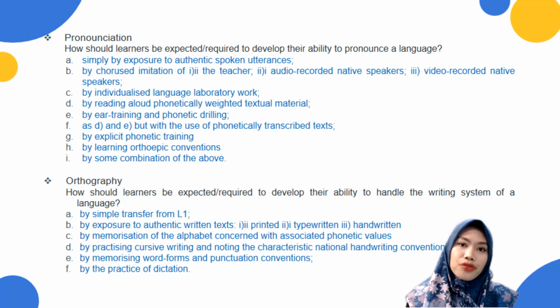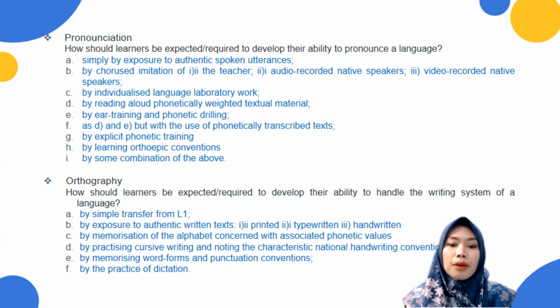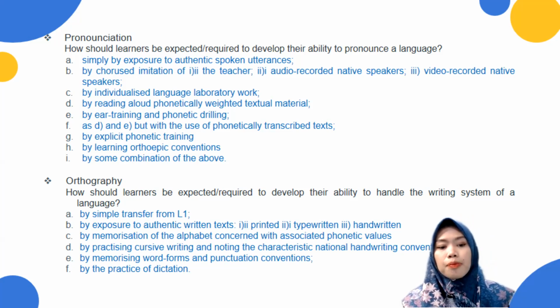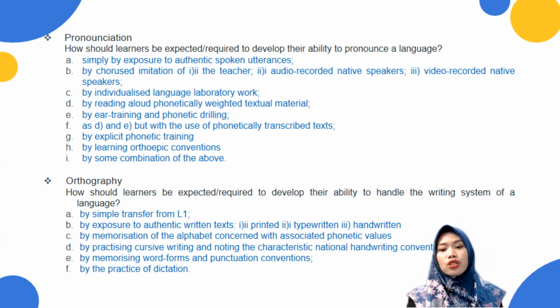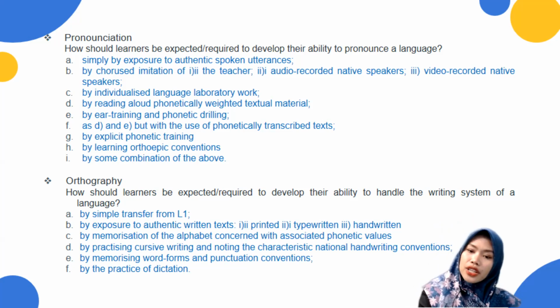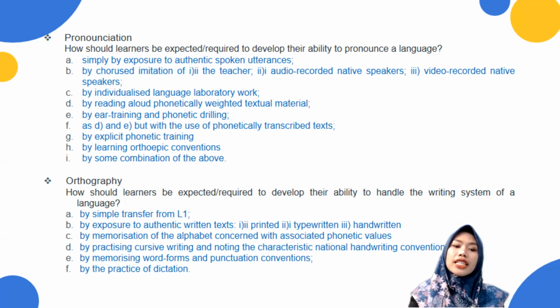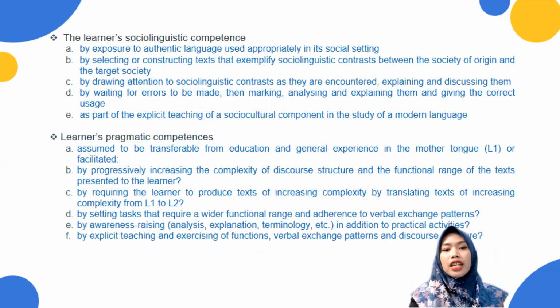By symbol transfer from the first language, by exposure to authentic written text, and then by memorization of the alphabet concerned with the associated phonetic values, and then by practicing cursive writing and adhering to the characteristic national handwriting conventions, and then by memorizing word forms and punctuation conventions, and by the practice of dictation.